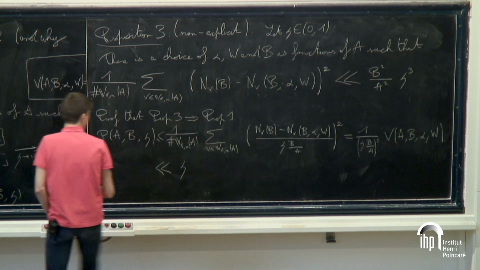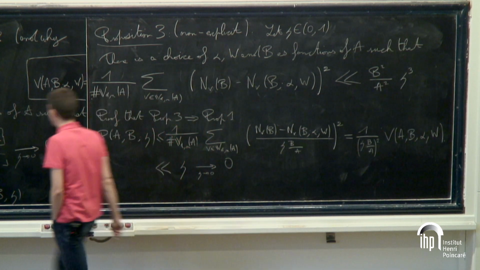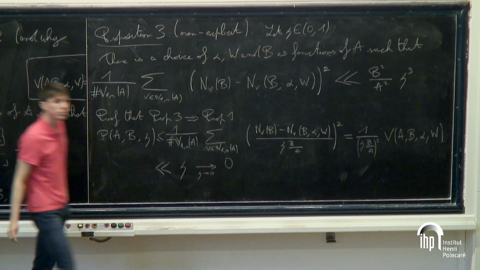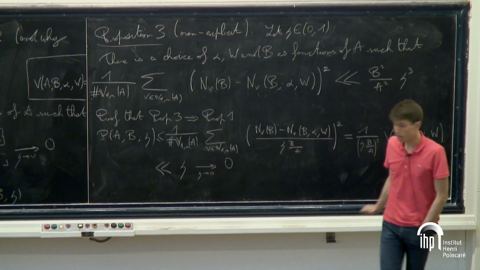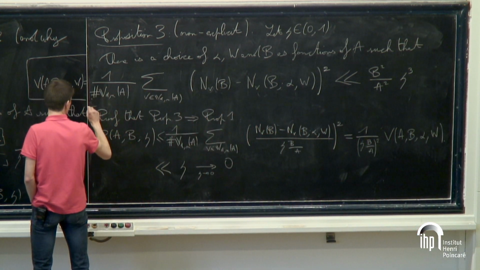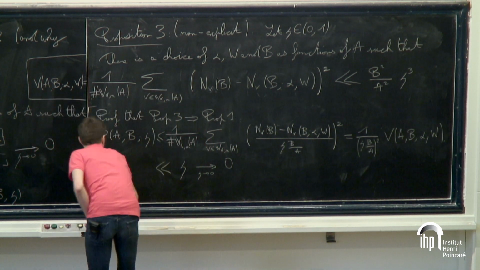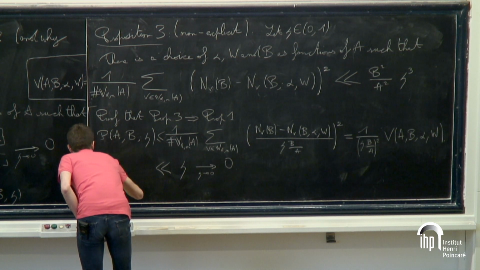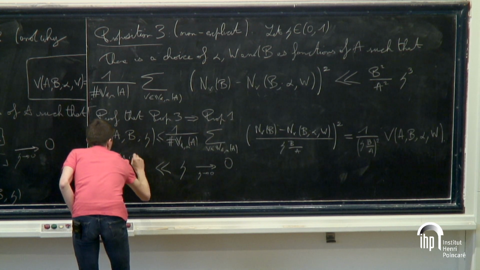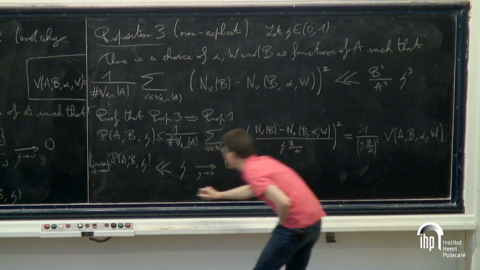And that's good enough for us, because now if eta goes to 0, then that goes to 0, which is exactly what we wanted to prove. Oh, I'm taking the lim sup, I didn't write it, sorry. So here I'm taking the lim sup over A of P of A B eta. Okay, so that's by proposition 3.